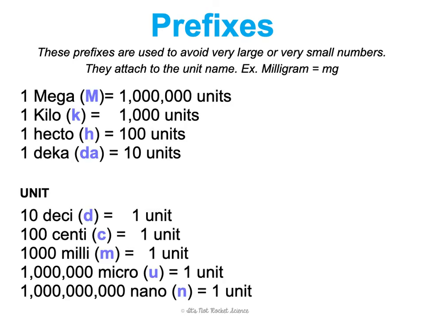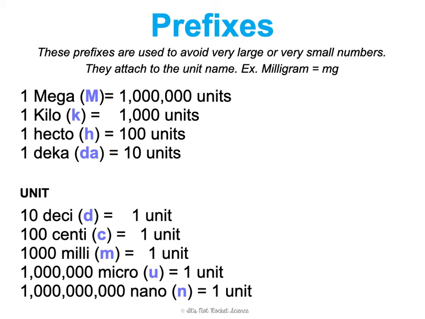As you can see, these are our prefixes that we'll go over. These are our units: mega, kilo, hecto, and deca, okay? So for example, for kilo, you have 1,000 units per 1 kilo. And then down here, we have our other units: deci, centi, milli, micro, and nano.